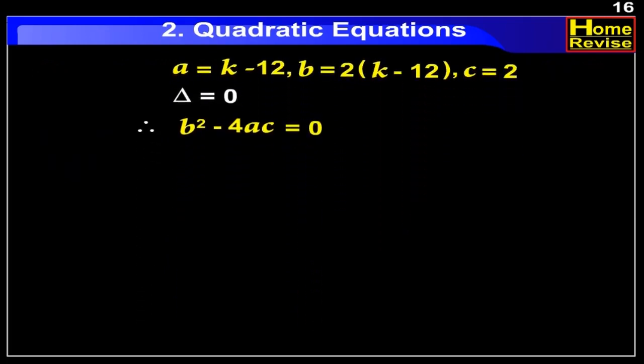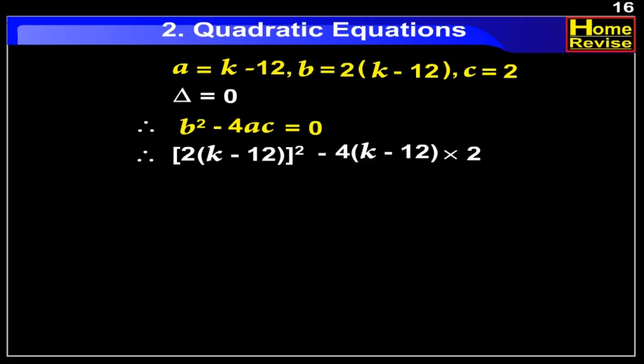Therefore, substituting the values of a, b and c, we get [2(k minus 12)] raised to 2 minus 4 into (k minus 12) into 2 is equal to 0.